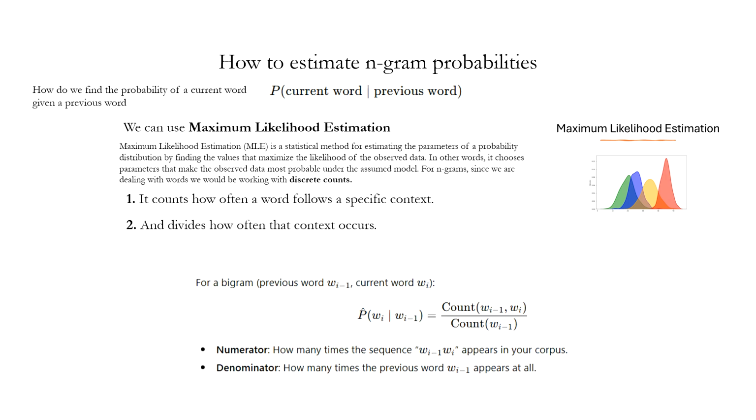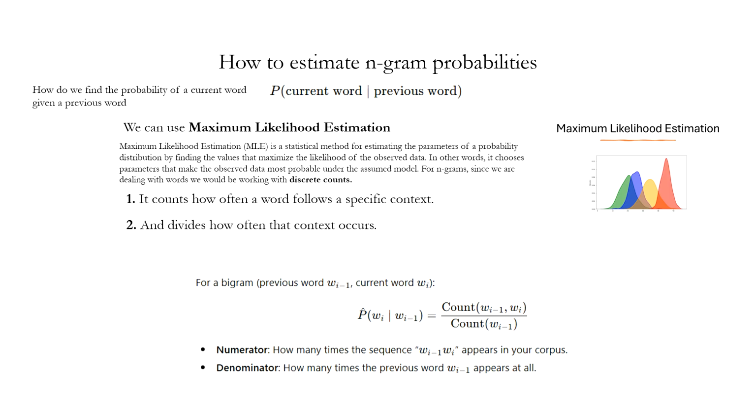For a bigram with previous word w_{i-1} and current word w_i, we've got this p hat, which is an estimate of w_i given w_{i-1}, which is basically the word given its previous word. And then we count (w_{i-1}, w_i), divided by count of w_{i-1}.